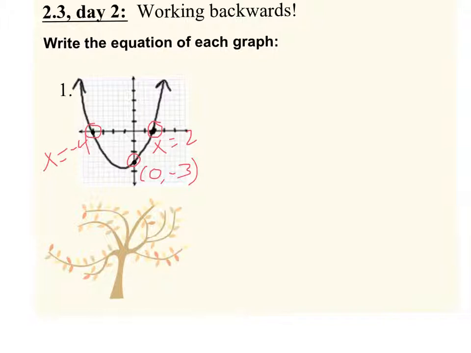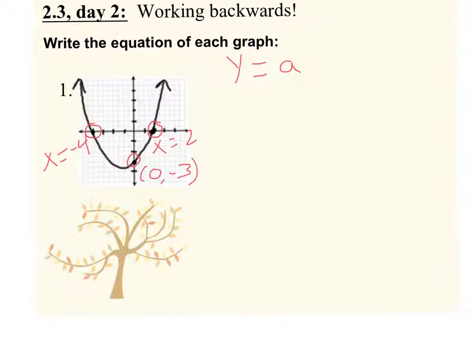Now I'm going to use the x-intercepts to make the jump to the equation. Okay, now I should mention at this point in time there's a value for a that I don't know. Though I should mention here that this is a parabola that opens up, and a controls the direction and the width of the graph.